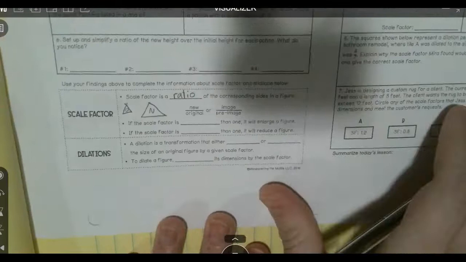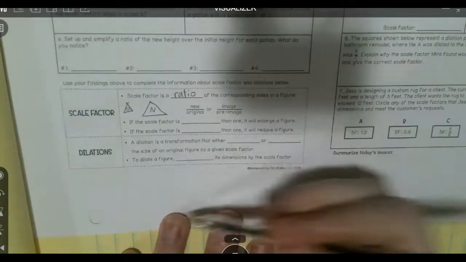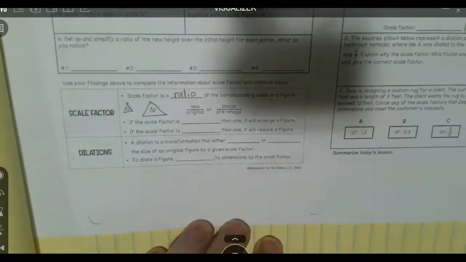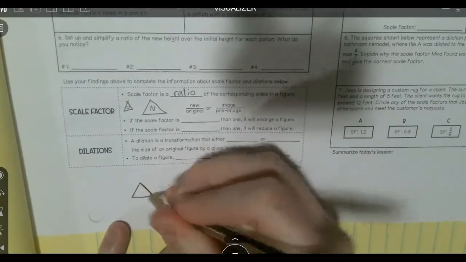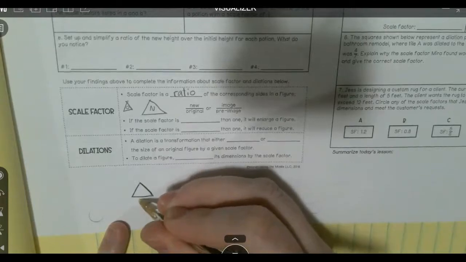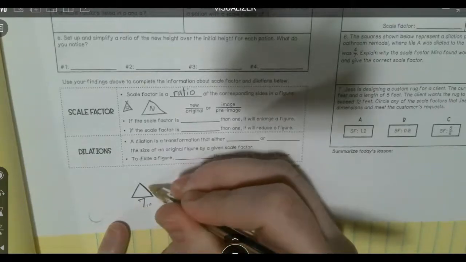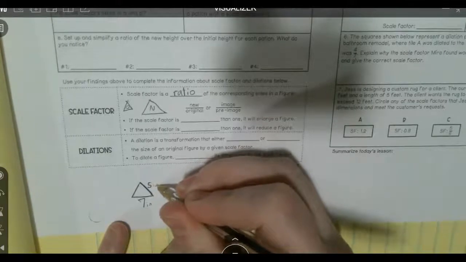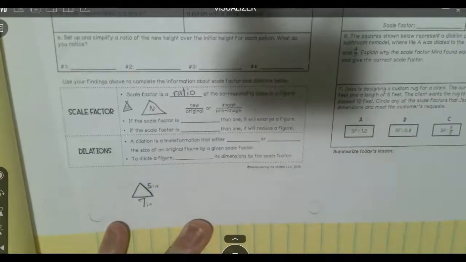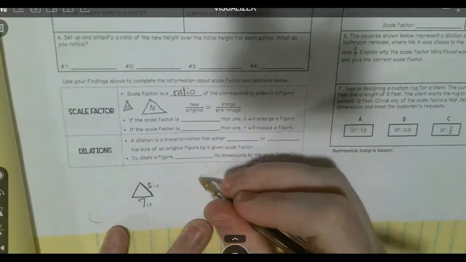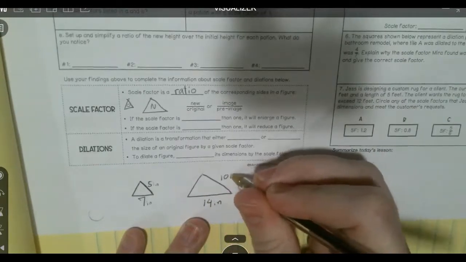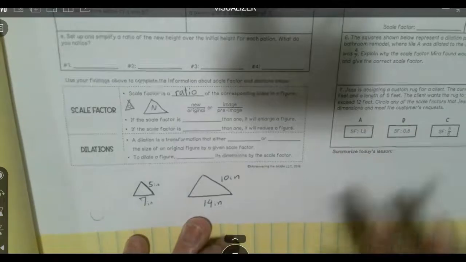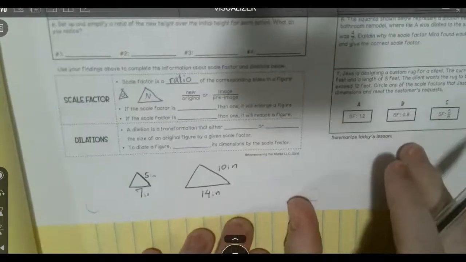Okay, so to show you an example of this, I'm going to use this space down here, and we're going to have a triangle, and we are going to say that this side right here is 7 inches, and this side is 5 inches. Now, if I were to do a dilation and get a similar but bigger figure, okay, the scale factor, we're going to think of it in a few different ways.